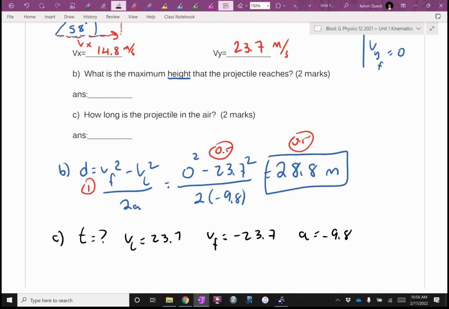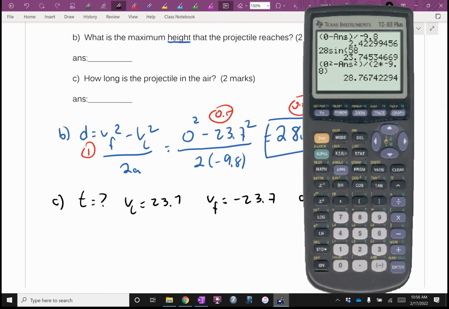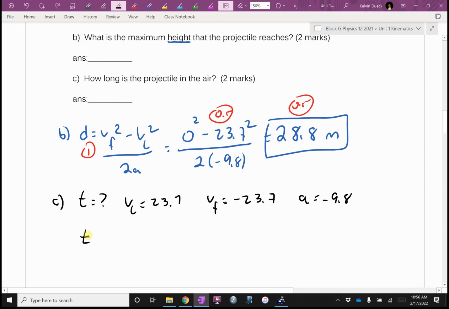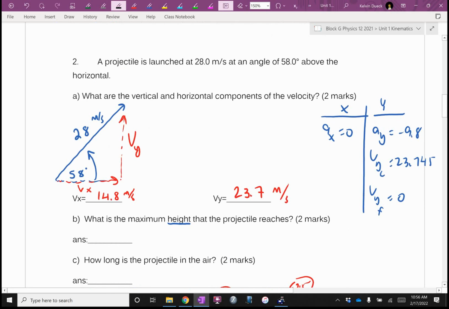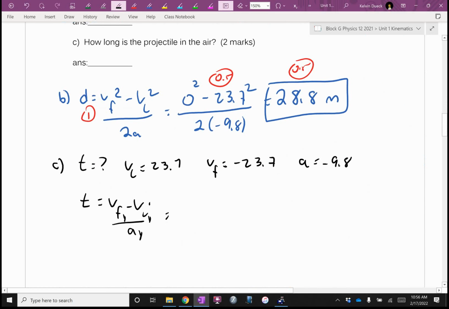Why not? I'm going to bring that 23.7 back on my calculator. 28 sine 58. And so I'm going to use T equals Vf minus Vi over A, making sure all of these are vertical. One common mistake, because kids can't figure out what Vy final is, they'll put the 14.8, I need another velocity, I need something. It's the same as you left the ground at, but negative.